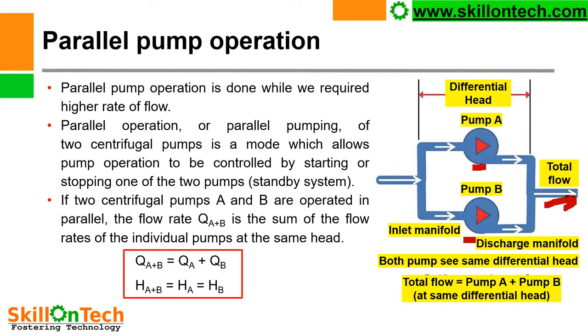But the head of the pump and discharge manifold will remain the same. Whatever head is developed by pump A will be available in the common discharge, and the head developed by B will also be the same in the discharge manifold. So HA plus B is equal to HA equals HB.